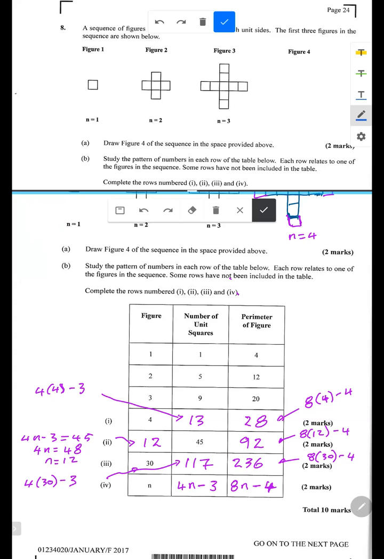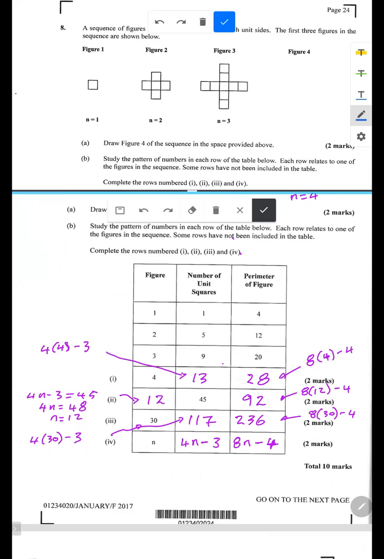All right, so let's go again. Let's do this column first. The value is going up by 4. It means that 4n is a part of the formula. So it's going to be 4n plus something or 4n minus something, or it can just be 4n itself.